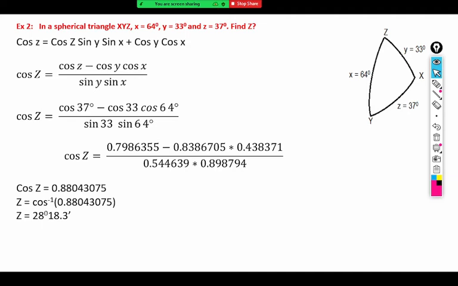Sir, how many decimals do we have to take? For how many decimal points? You have a calculator, why are you worrying? At least 5-6 decimals you can write easily. Remember, no need to show too many steps. This is the formula written.